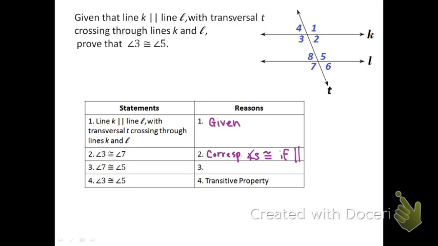Why would that be? That is because, take a look at these two, their noses are touching. Those are vertical angles. Alright, so we would say that vertical angles are congruent. Now, for that last part, angle 3 is congruent to angle 5.